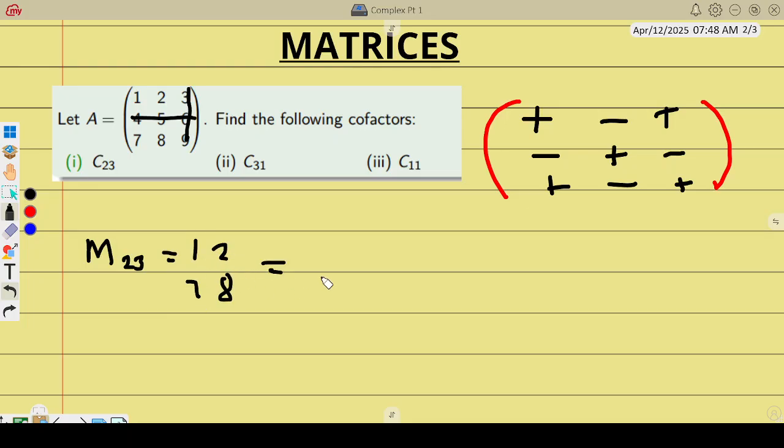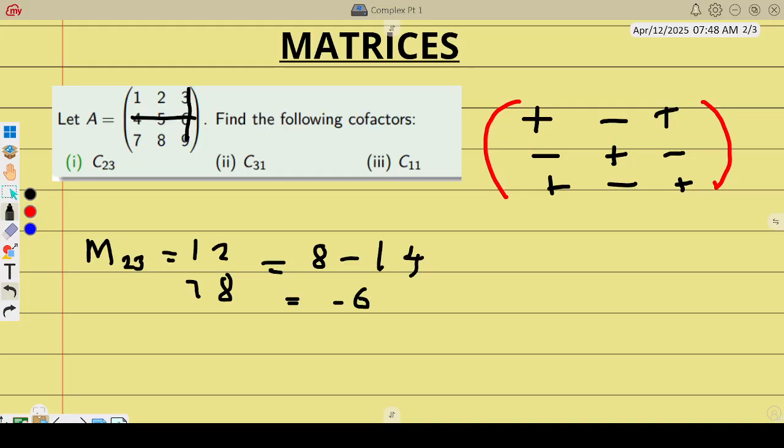We can find the minor for this. 8 minus 14 gives us negative 6.